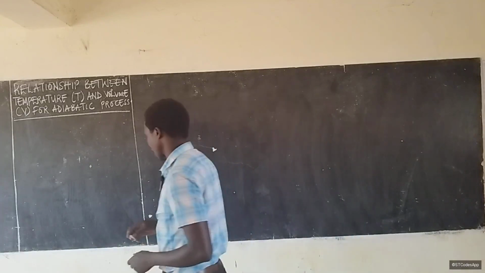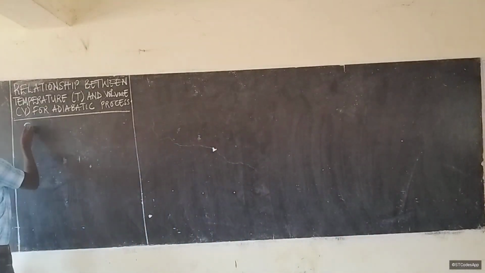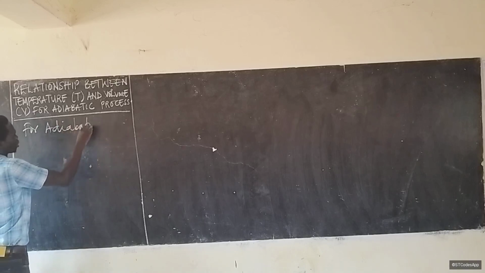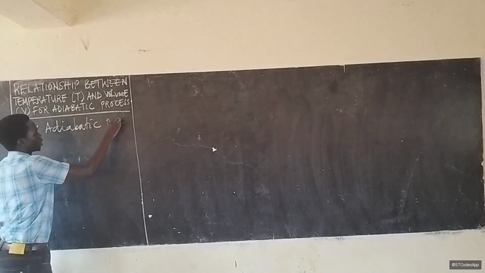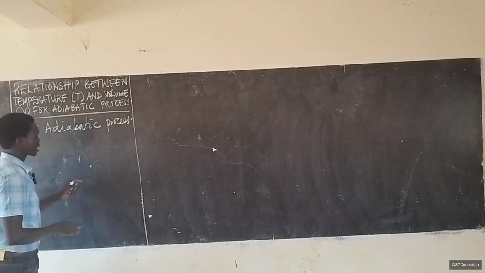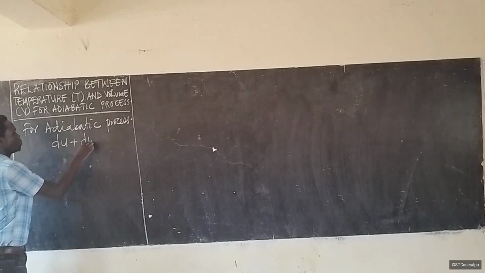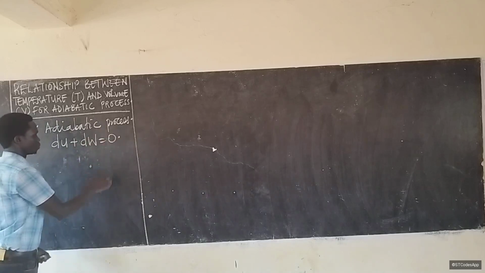So if we say for an adiabatic process, we know that dU plus dW is equal to 0.